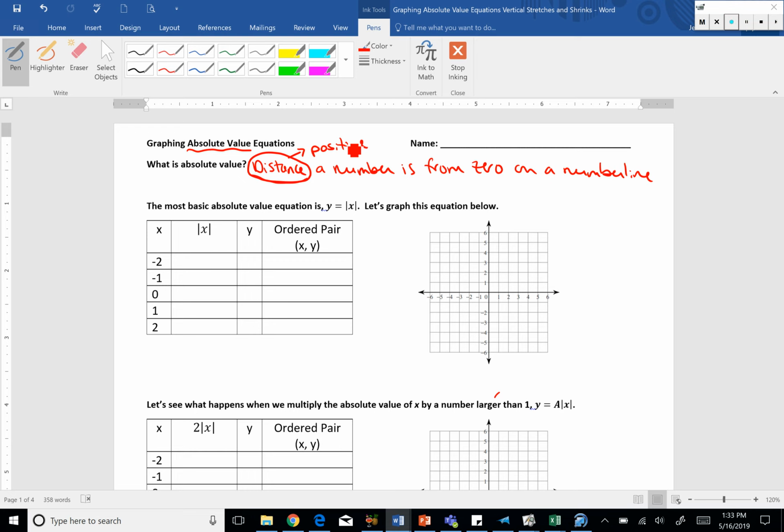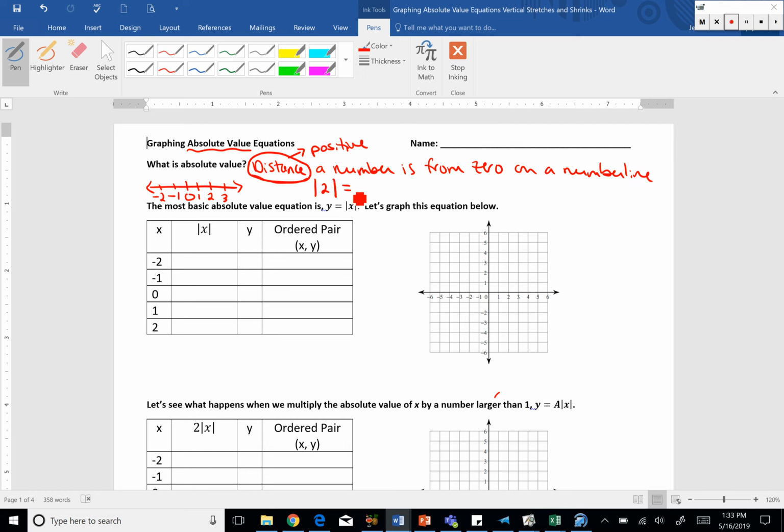So for example, if we're talking it's the distance we are from 0 on a number line. Just a little tiny number line here. What if I asked you for the absolute value of the number 2? So in other words, how far away from 0 is 2?